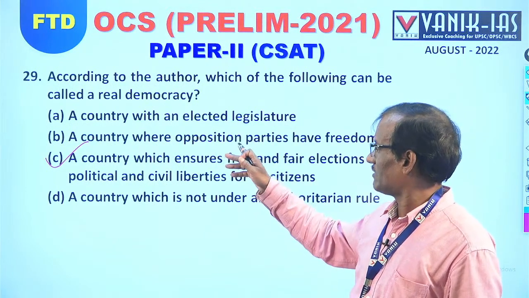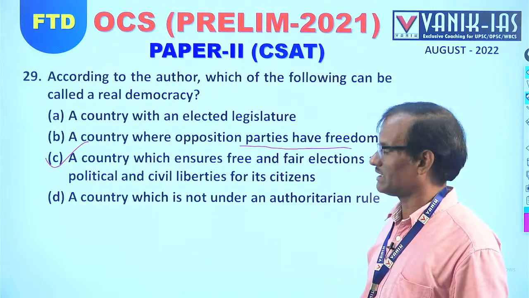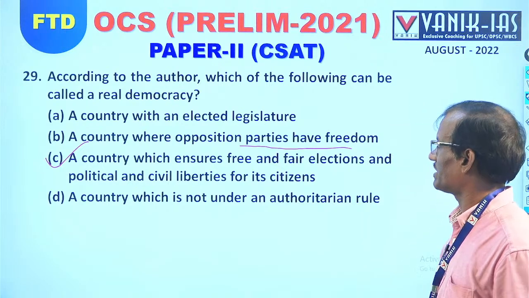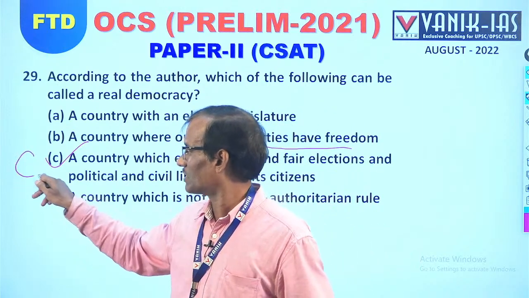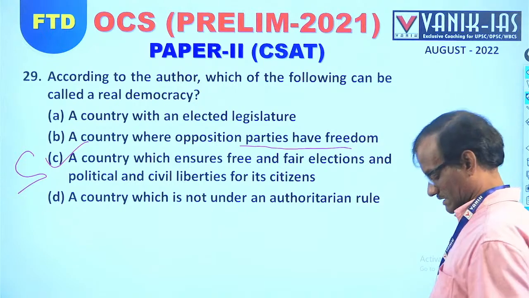Opposition freedom is another factor, but the most important reason is that a country should ensure free and fair election and political and civil liberties of its people. That will be called truly a democracy, according to the given passage. 29.